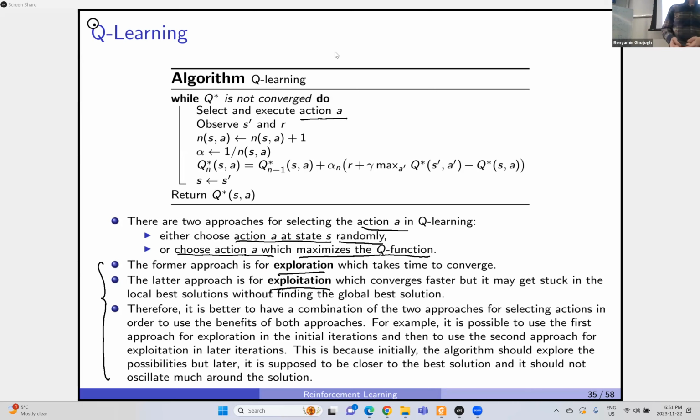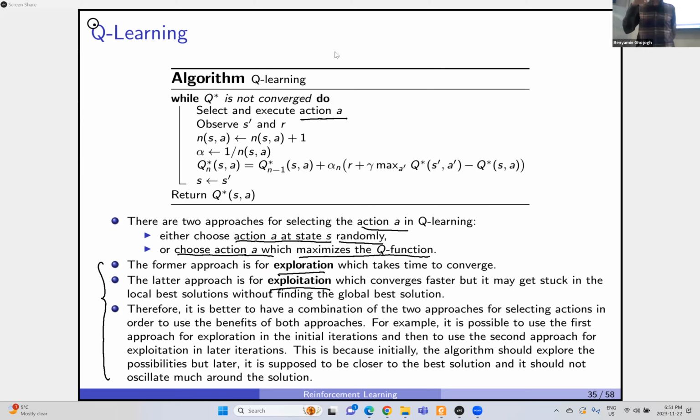So it's a trade-off. If we find the best action only, it will converge fast, but we don't trust that answer because it might get stuck in the local best. But if we do it randomly, convergence will take time, right? It will be slow to converge. But we are exploring which one is the best thing to do, to have both of them, kind of.